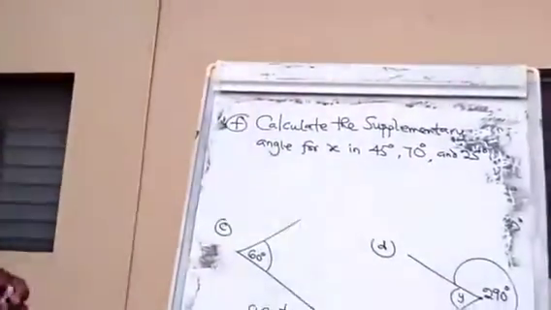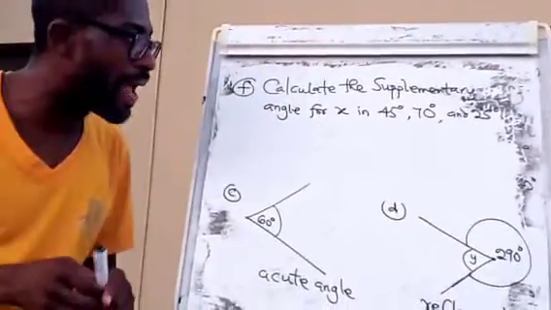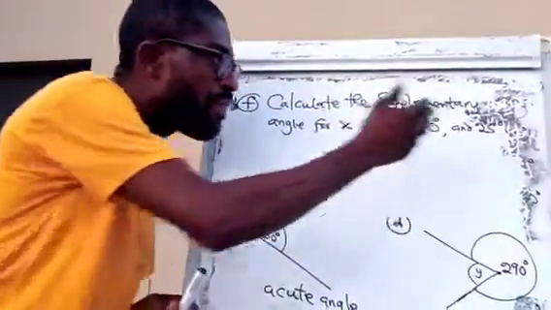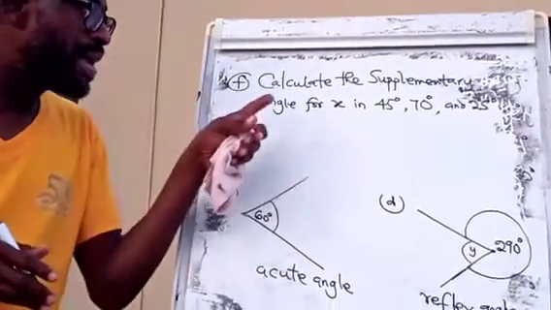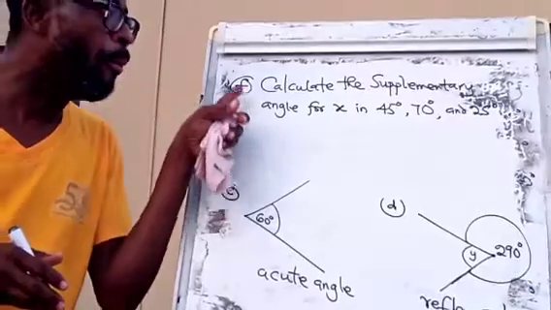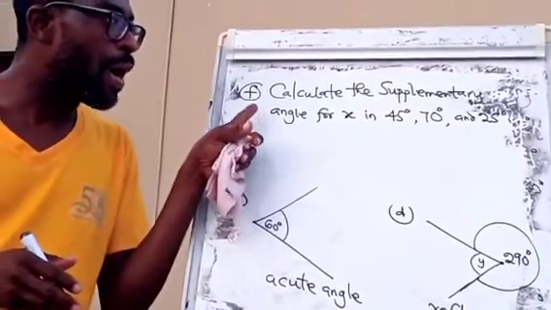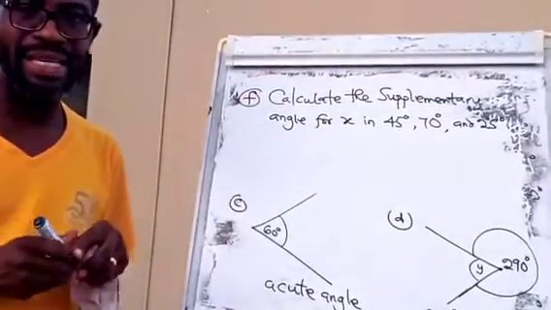We should calculate the supplementary angle of x from the various angles here. Remember that we said supplementary angles are two or more angles which should add up to 180 degrees.